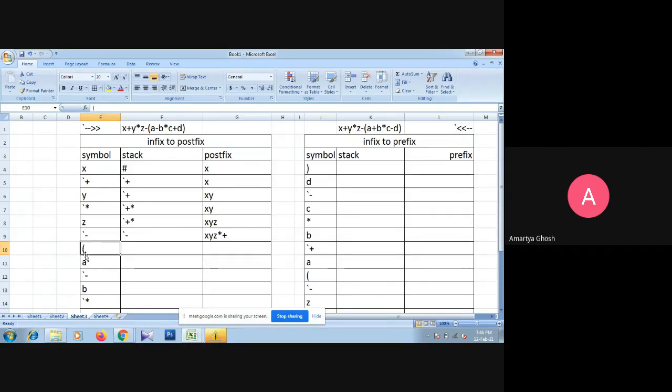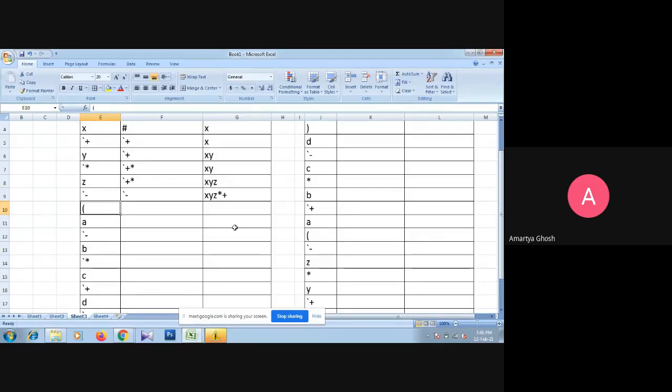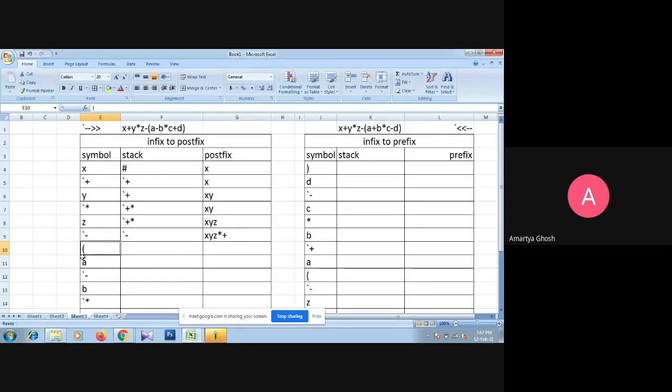Then the parenthesis. In postfix or prefix, parentheses should be ignored, but we cannot ignore their job. We can ignore their presence in the postfix or prefix, but we cannot ignore their job. When parentheses come into the equation, whatever operator is within them, its priority will increase.